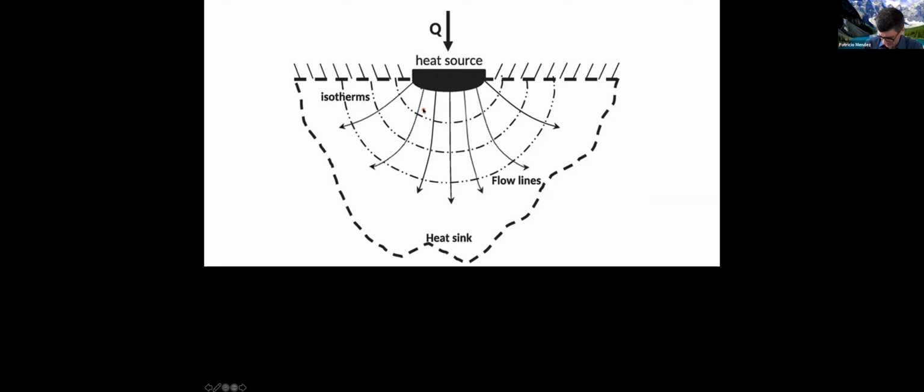Now, these are isotherms of conduction. We get to see colors here, and the isotherms in this type of images are given by different colors. So everything that has the same color is at the same temperature. And typically in this type of images, the reds represent hot, the blues represent cold.